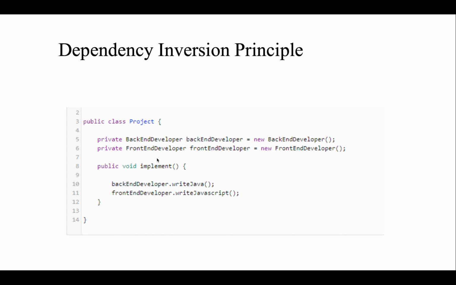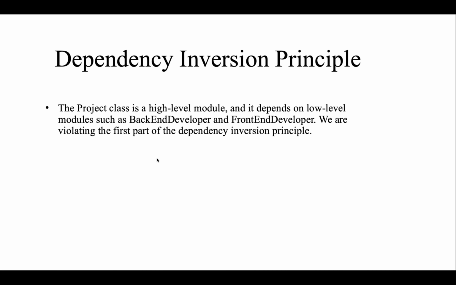If we closely look at this example, we will see the project class, which is our high level module. It is directly dependent on the backend and front end developers, which violates the first part of the dependency inversion principle, which says high level modules should not depend on the low level modules.